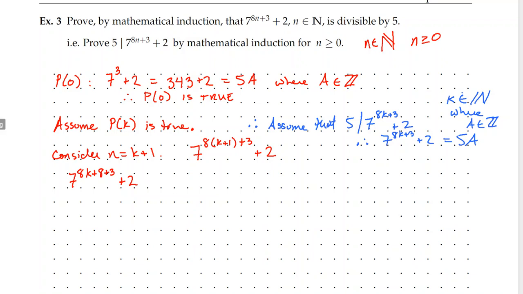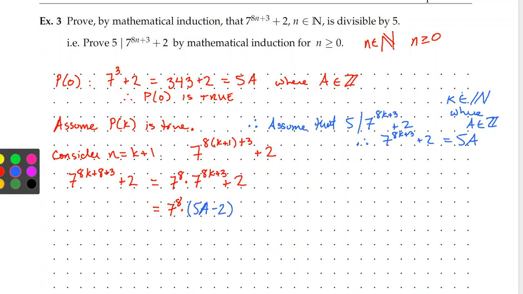With that we can come over and rewrite our k plus 1th case as 7^8 times 7^(8k+3), plus 2. But really, 7^(8k+3) I can say is 5a minus 2, and then I have plus 2.